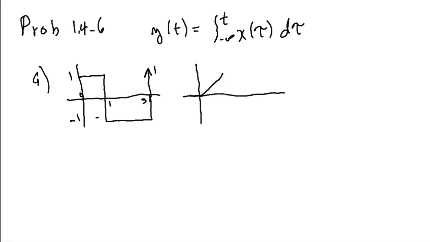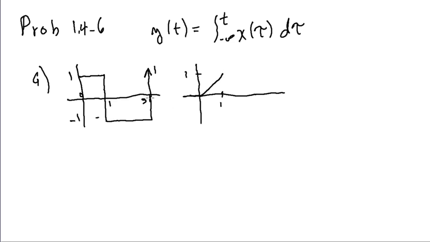And then at 1, I'll have the total area of this pulse. And that would be equal to 1. Okay. Now I start integrating this pulse. And so this has a negative amplitude, so I'm going to start subtracting, or decreasing area.